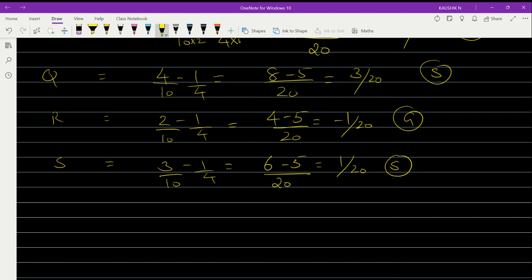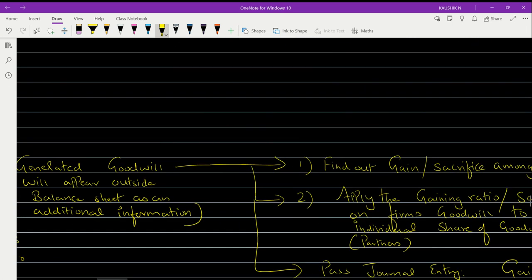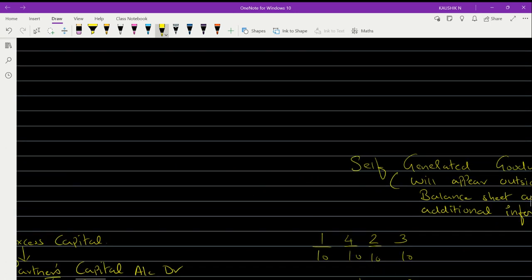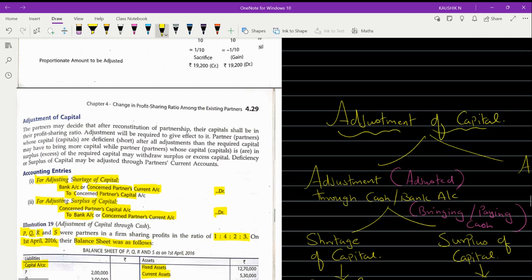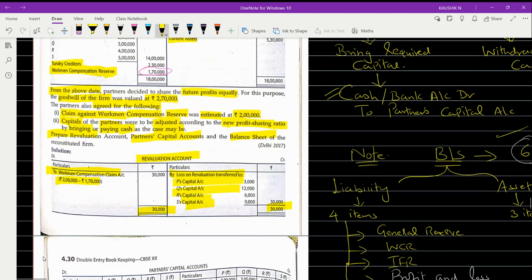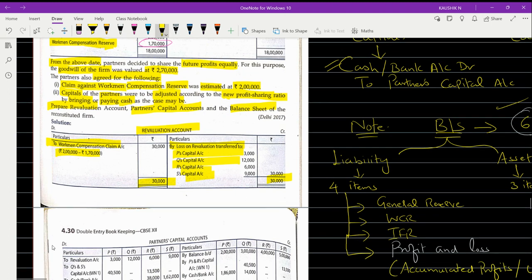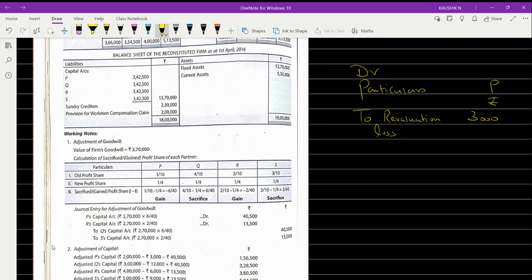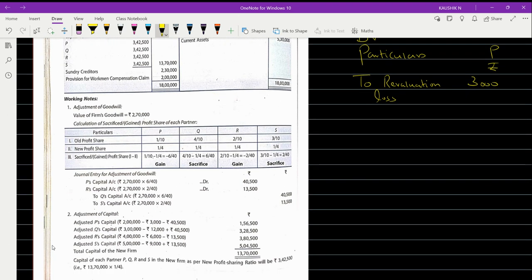Okay, the next one is to check out what is the one. Apply the gaining ratio or the sacrificing ratio on the firm's goodwill to decide the individual partner's share of goodwill. What was the firm's goodwill? If you see, it was given as rupees 2,70,000, correct? So you are going to calculate on 2,70,000 how much you're going to get.